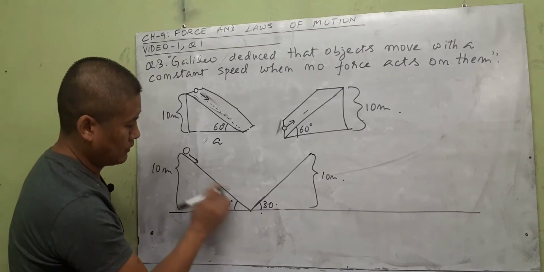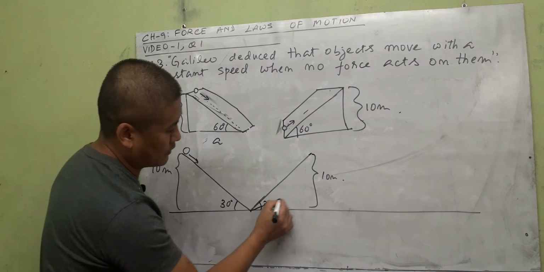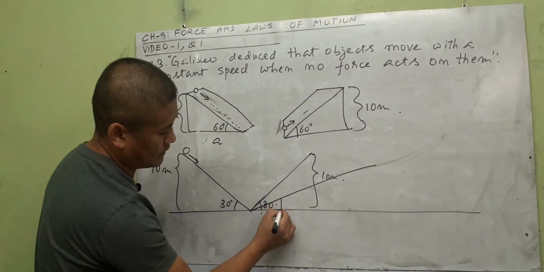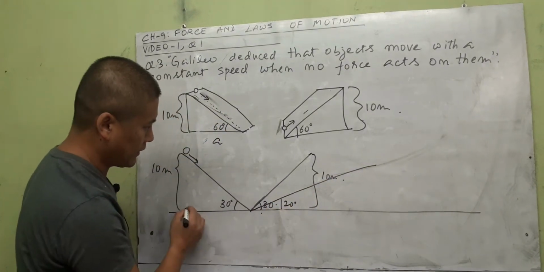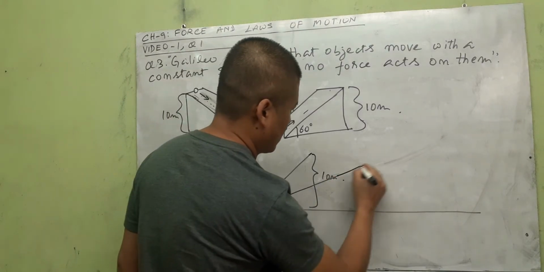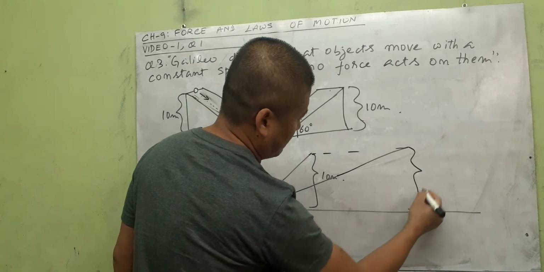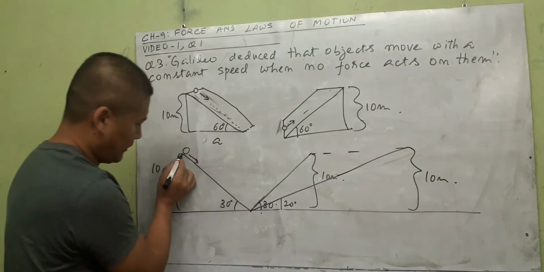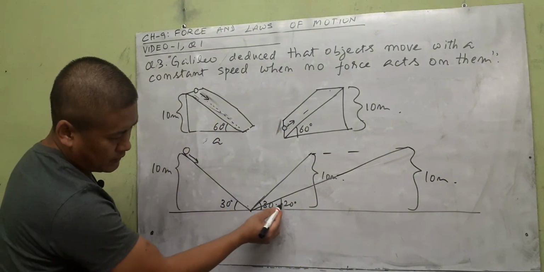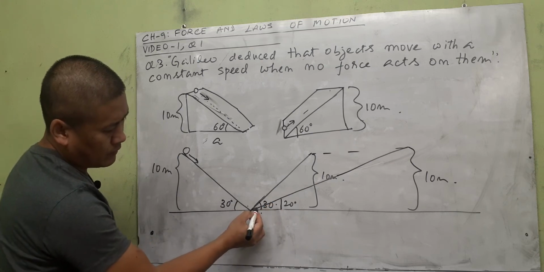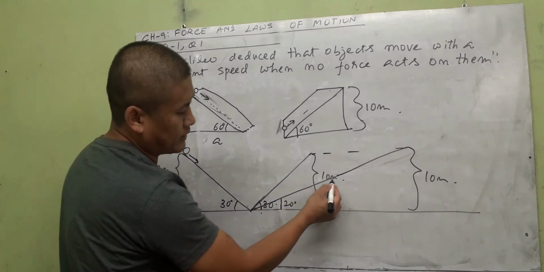Then this one was same, and he gradually changed the angle, this side lesser, 20 degree. Then he found out that this is 10 meter, let us say. Now this time the ball rolled down and the inclination is lesser, 20 degree. So he found out that the ball began to travel more distance.